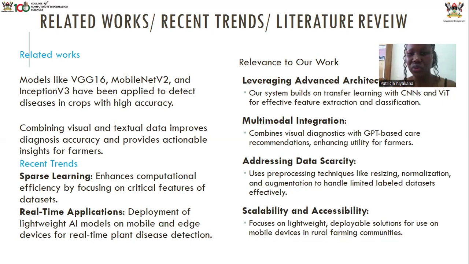And the relevance of our work: leveraging advanced architecture, our system builds on transfer learning with CNNs and ViT for effective feature extraction. And then we have the multimodal integration, which combines the visual diagnosis with GPT-based care recommendations.